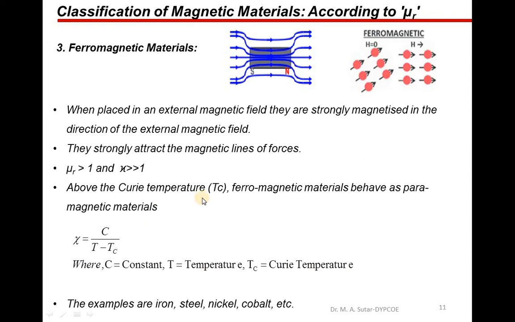So it is the minimum value of temperature at which ferromagnetic material converts into paramagnetic material, and it is given as susceptibility equal to C upon T minus Tc, where C is a constant, T is the temperature, and Tc is the Curie temperature. So above the Curie temperature, ferromagnetic material converts into paramagnetic material. The best examples of these ferromagnetic materials are iron, nickel, cobalt, etc.